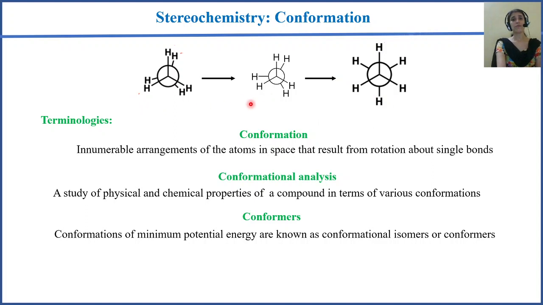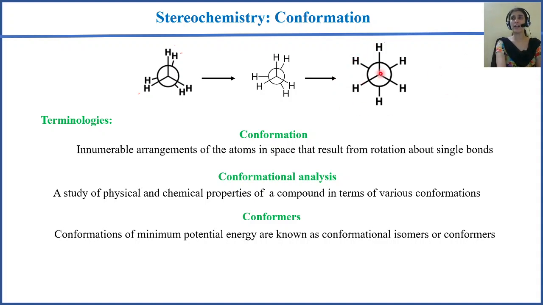Now, in all possible conformations of ethane, if we see carefully, this type of conformation will lead to the minimum potential energy. We will look at this in our next slides also, but for time's sake, we can consider that the minimum potential energy conformations are the conformers.